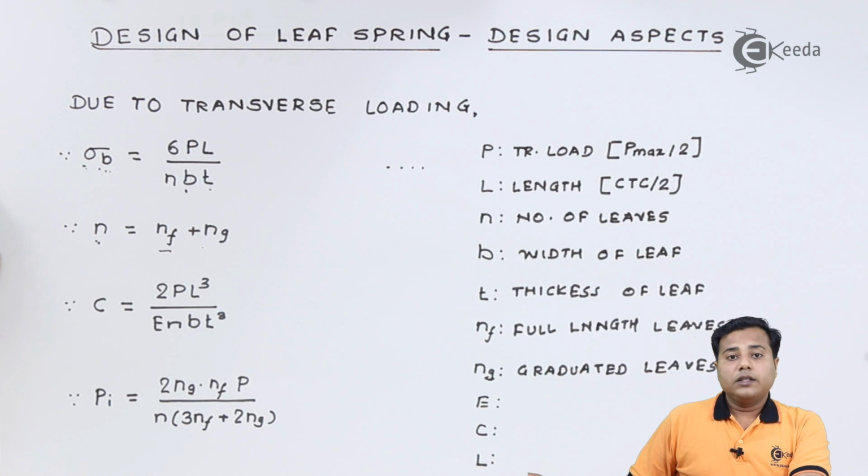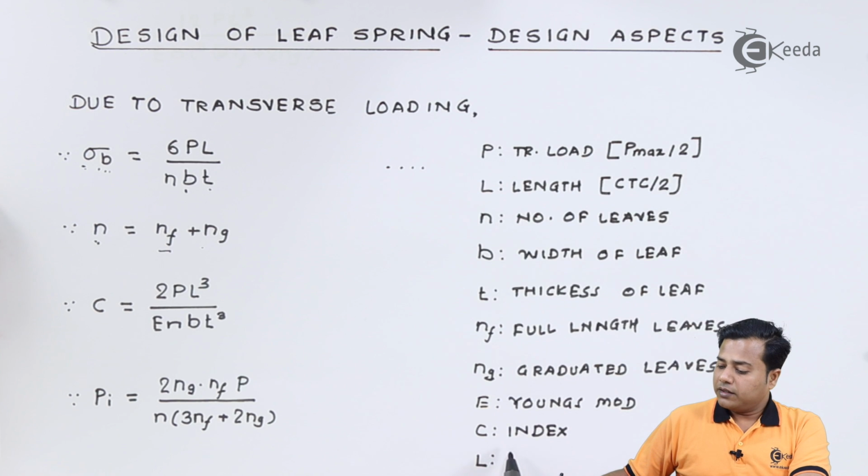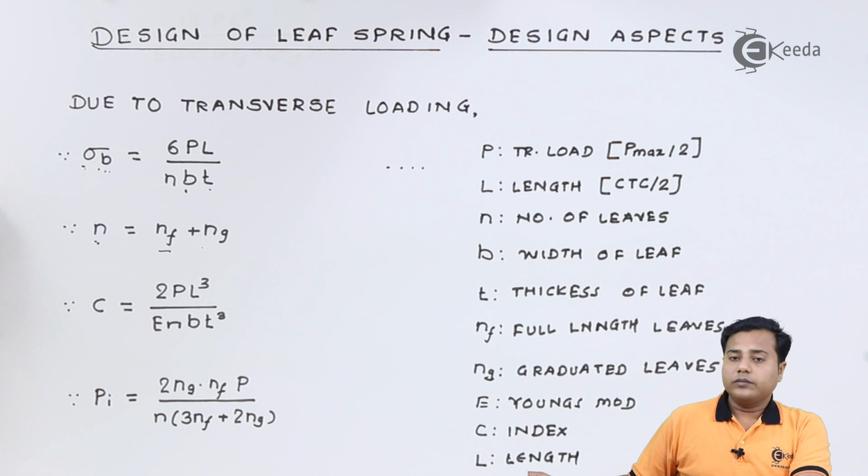This is the coefficient of elasticity or Young's modulus. C, as usual, is a relationship. And last is the length, which is already mentioned. So n is the total number of leaves.